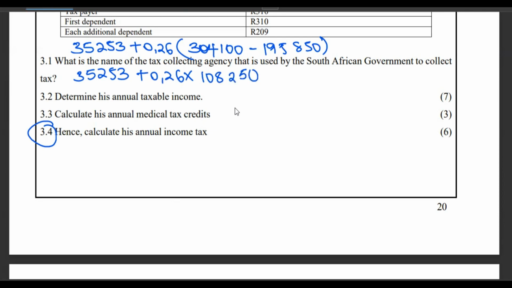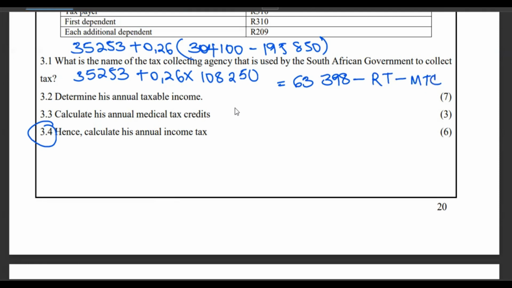Put everything in a calculator there now. So you see, you end up having 63,398.